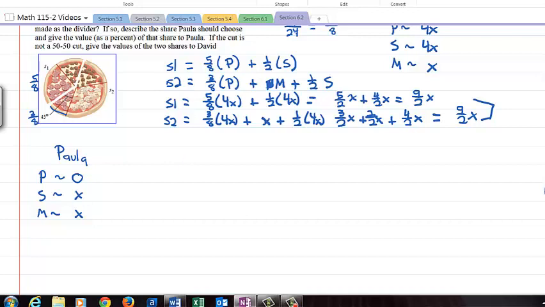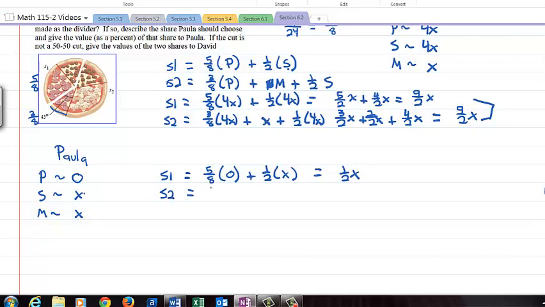So it's still the same pieces of pizza, right? So S1, the first share, is 5/8 of the pepperoni, that's at 0, plus 1/2 of the sausage, that's an x. The value then is 1/2 x.